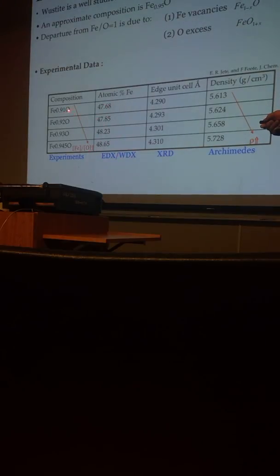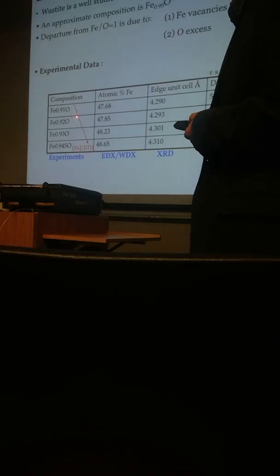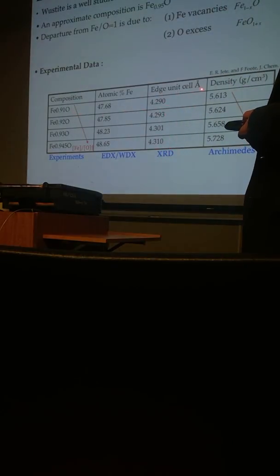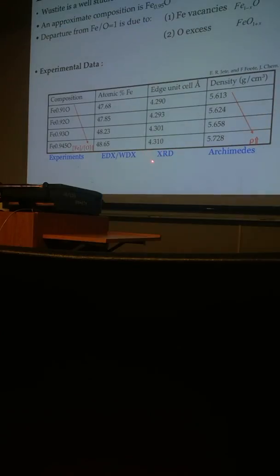You can also measure the lattice constant by X-ray diffraction, very precisely, at least a 3 or 4 digit number. And the density can also be measured by the Archimedes process, which you have done in 311. So this is the given data.